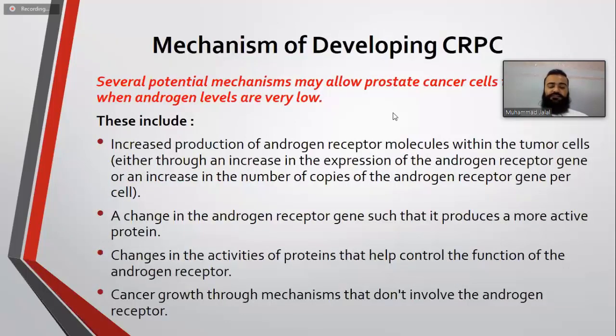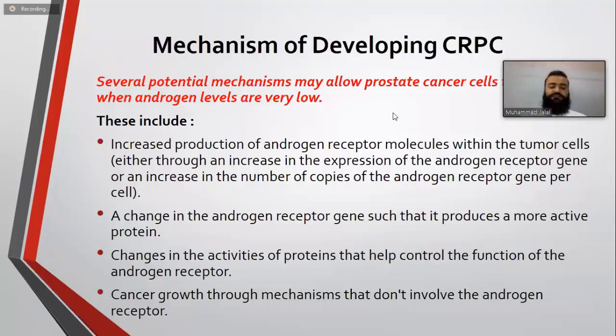Mechanism of castration resistance or hormone refractory prostate cancer. Several potential mechanisms may allow prostate cancer cells to grow even when androgen levels are very low. These include increased production of androgen receptor molecules within the tumor cells, either through an increase in the expression of the androgen receptor gene or an increase in the number of copies of the androgen receptor gene per cell.